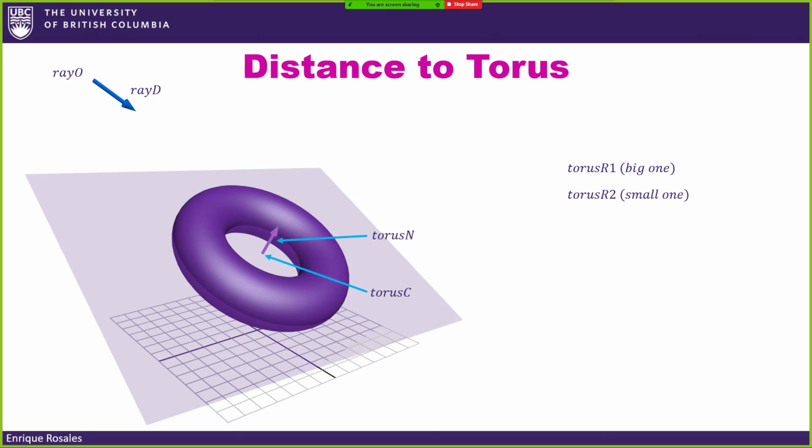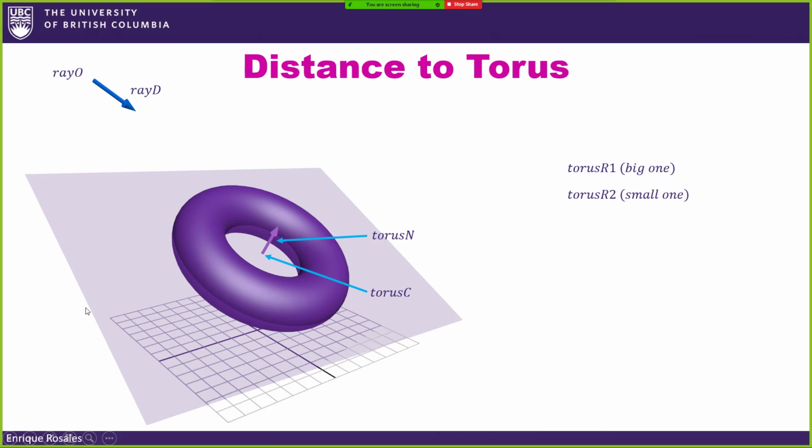And also, in particular for computing this method, we will need the torus normal. So imagine the torus normal as the fact that the torus is kind of like a planar shape. I mean, it's not planar, right? It's obviously 3D. But the middle of the torus is basically describing a surface, or it can describe a plane, right?